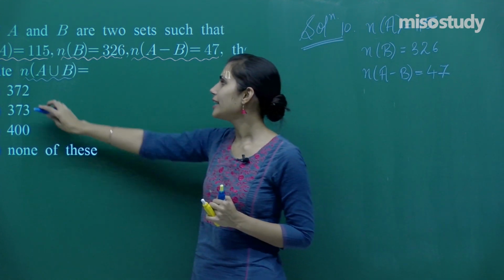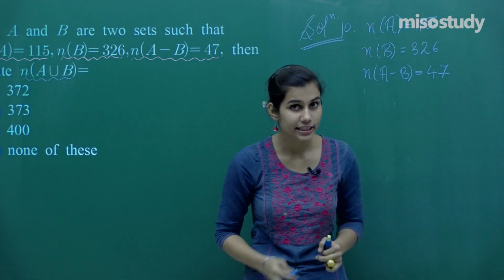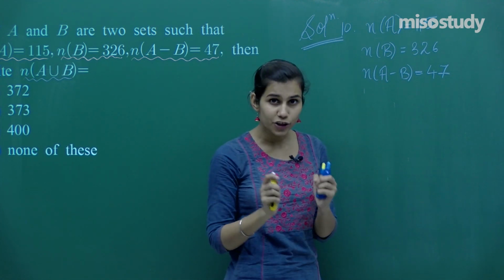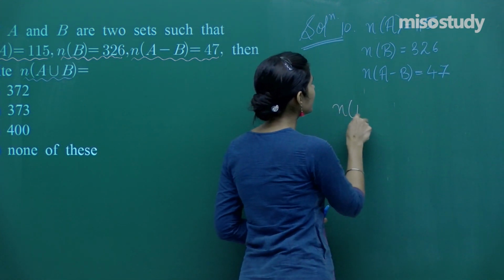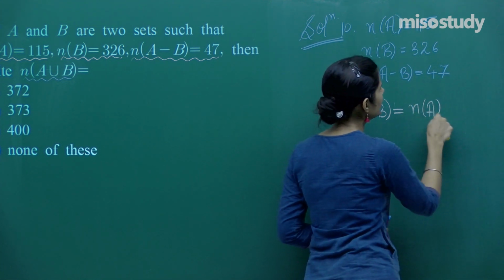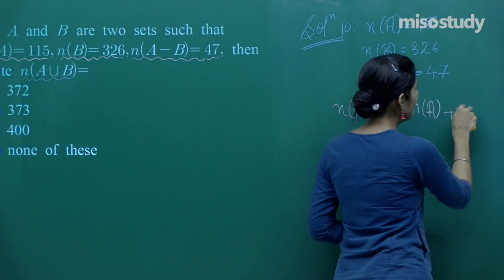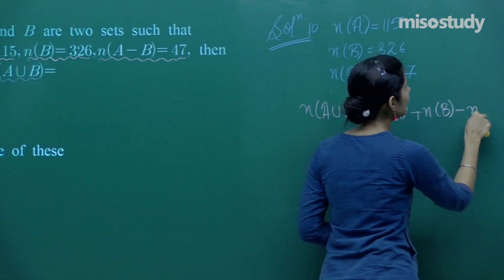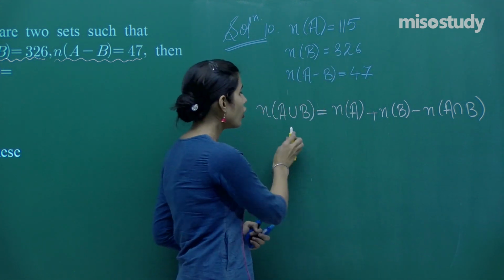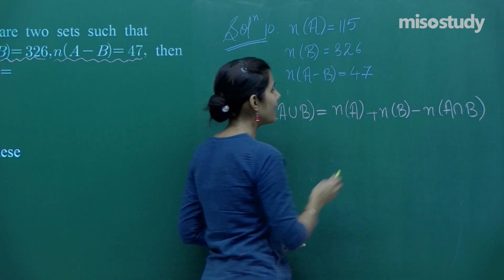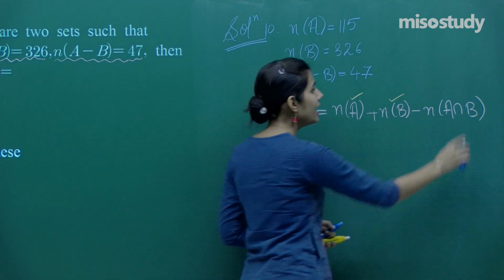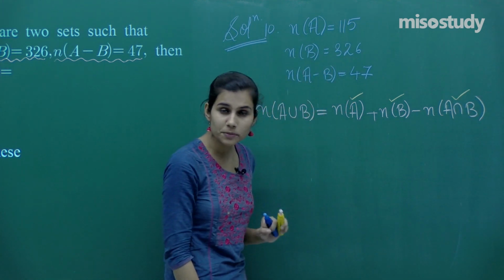And then I am asked to find the number of members in A union B. If I directly recall the formula, the number of members in A union B is the number of members in A plus the number of members in B minus the number of members in A intersection B. In order to find this, I should have the number of members in A, in B, and in A intersection B available.